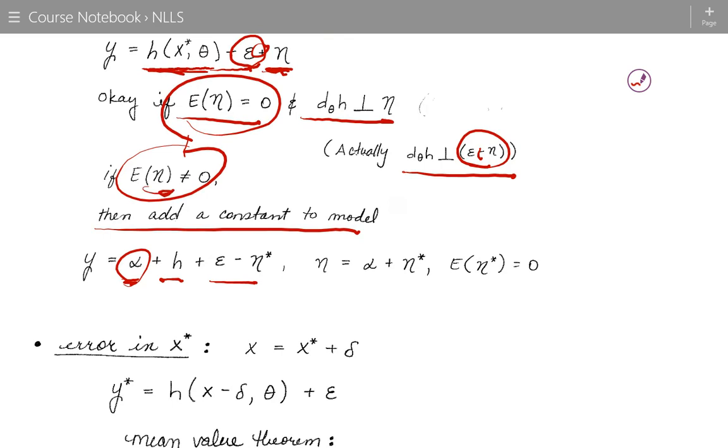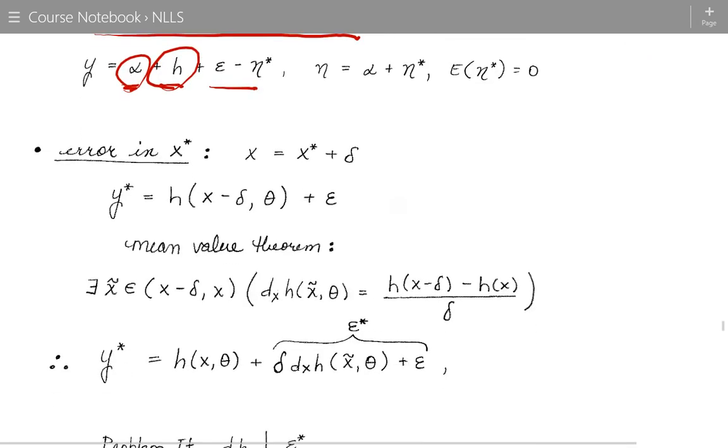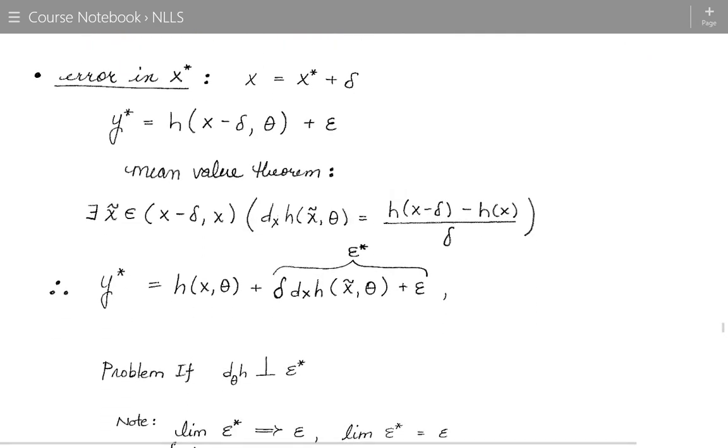So that would be the only caveat, if h actually has an additive constant already in it. Otherwise, we're pretty good with having measurement error in y.